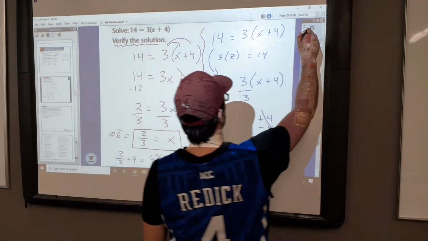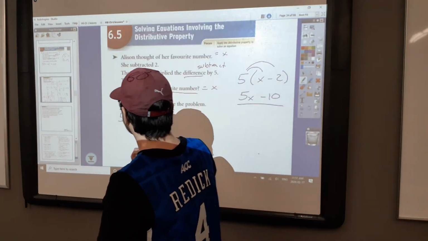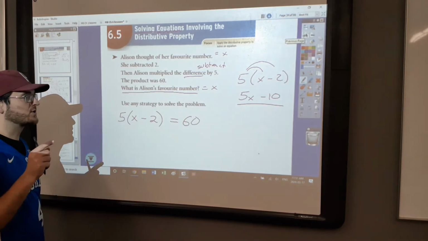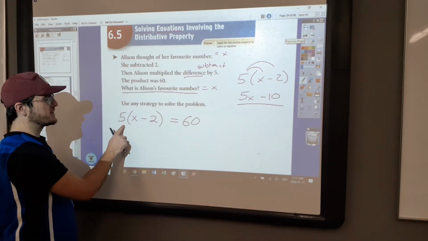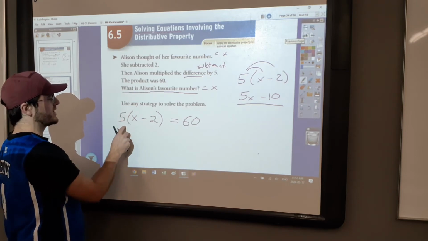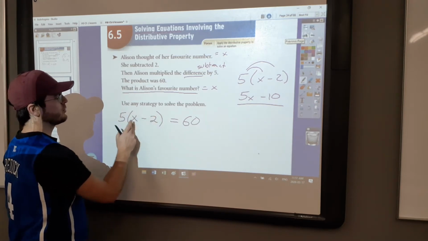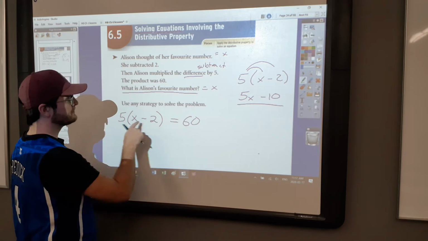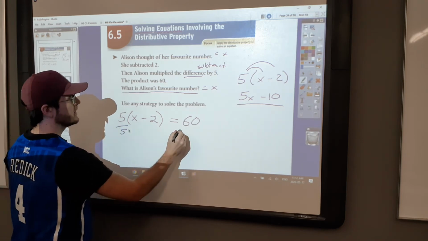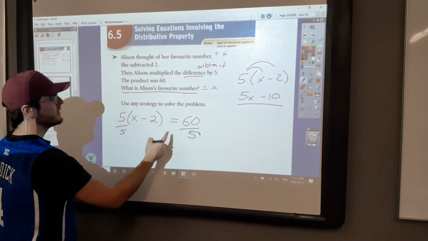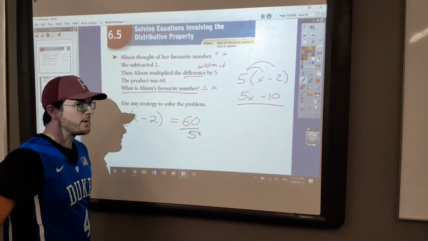Okay, so I'm just going to jump back to the first example here, because this one actually works nicer if I'm doing it that second way, right? It works nicer because if I want to think of this as 5 times this whole big something equals 60, and I want to get rid of that 5, if I do the opposite operation and I divide both sides by 5, this will give me a nice whole number.